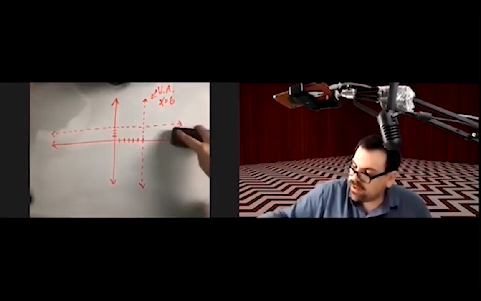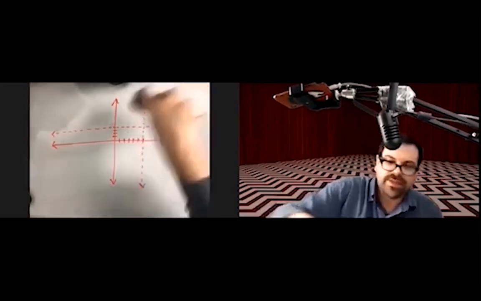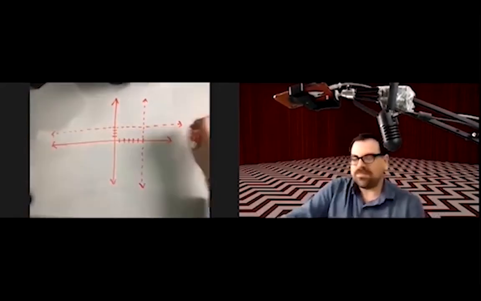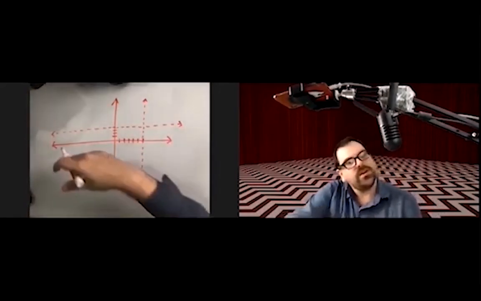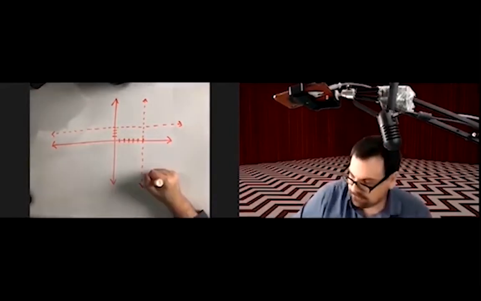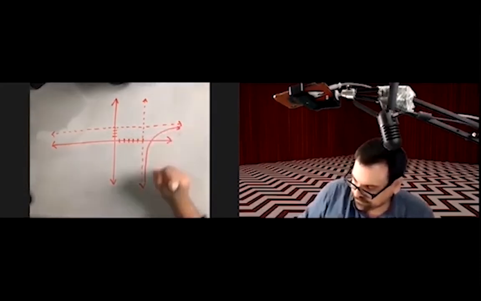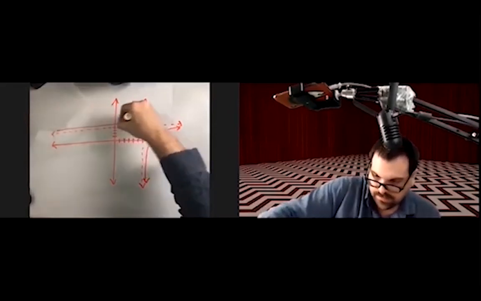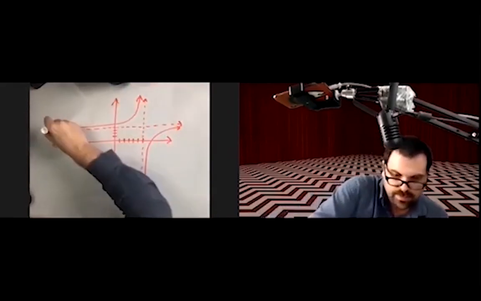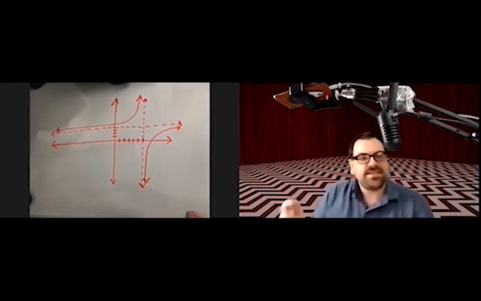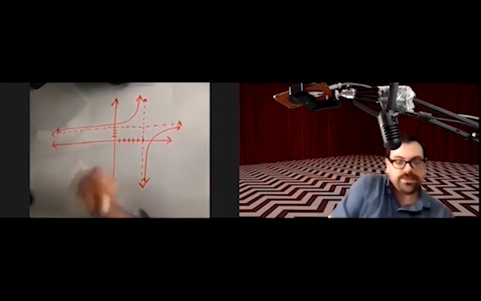Let me go ahead and put in the legs of this graph, actually draw the hyperbola itself. The asymptotes are not part of the graph. They're just telling us where the hyperbola bends. Okay, so there's our hyperbola. There's the legs. Let's fill in these questions.